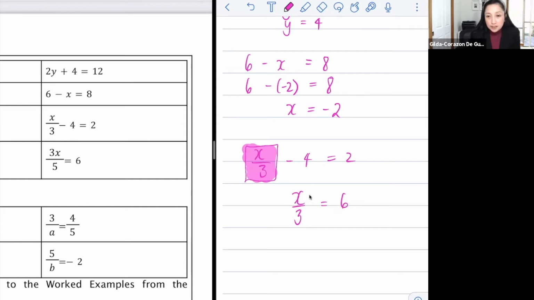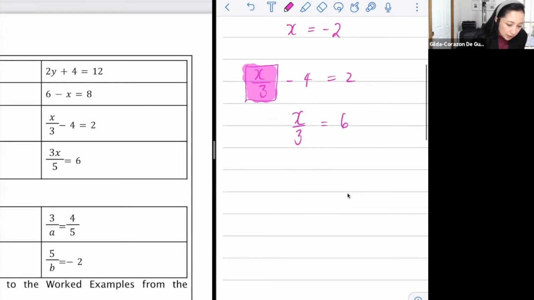So it would be a number that's what? It would be 3 times 6, yeah? Right? So then that would have been 18, or x equals 18.